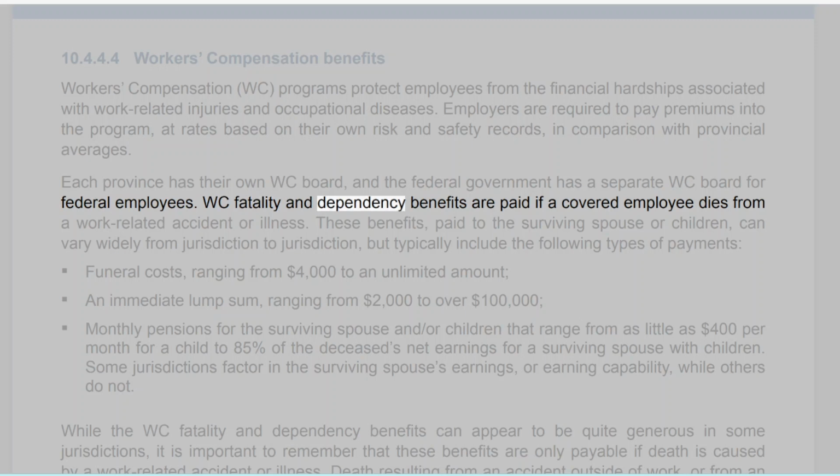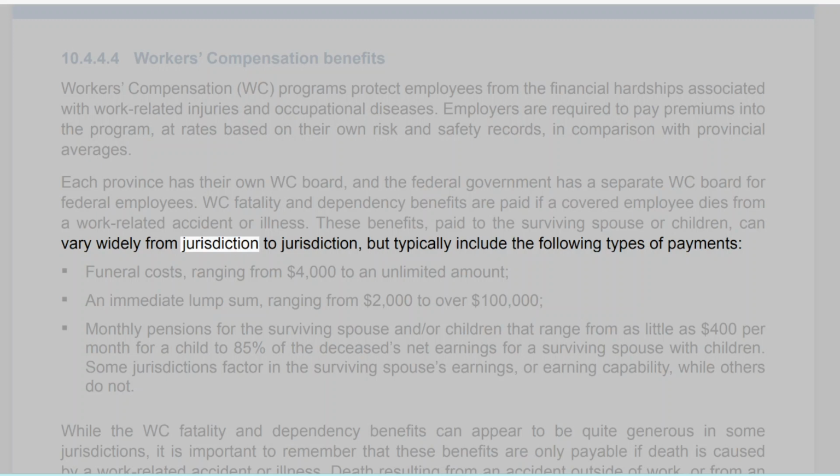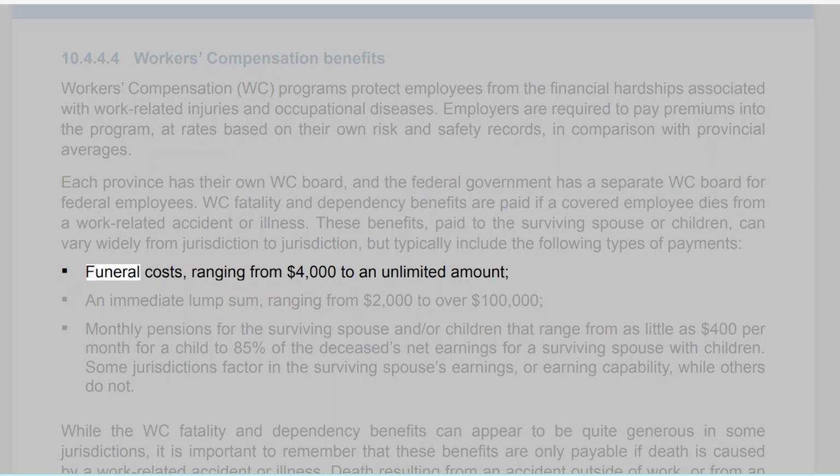WC fatality and dependency benefits are paid if a covered employee dies from a work-related accident or illness. These benefits, paid to the surviving spouse or children, can vary widely from jurisdiction to jurisdiction, but typically include the following types of payments. Funeral costs, ranging from $4,000 to an unlimited amount.